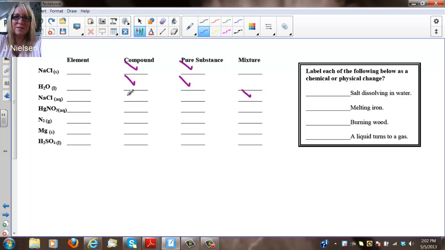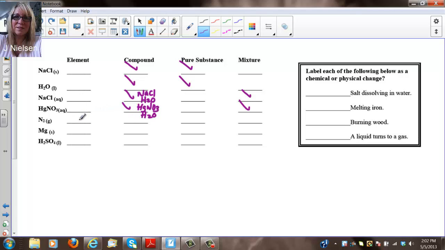I'd say it would be a mixture of compounds, so it's plural. So you've got the NaCl and you have H2O. Mercury nitrate, that is aqueous, so that's also going to be a mixture. And again, we could say that there's two compounds here. One is the HgNO3 and the other is the water.